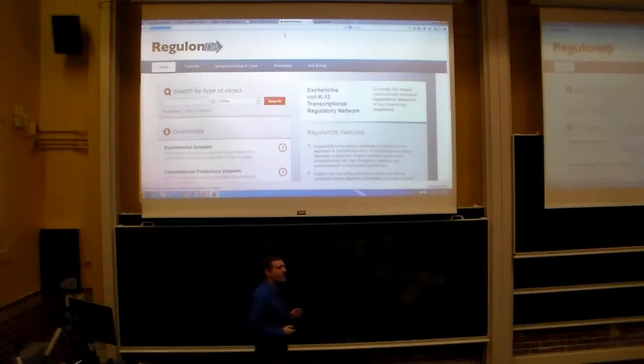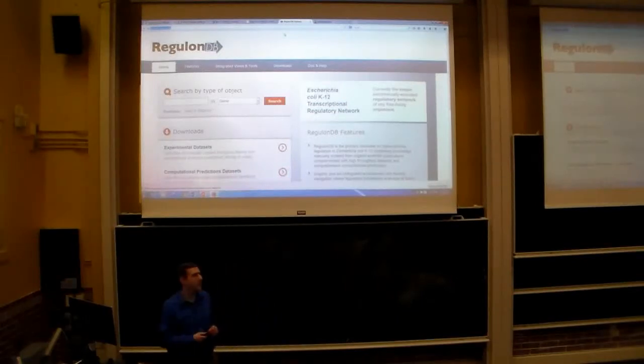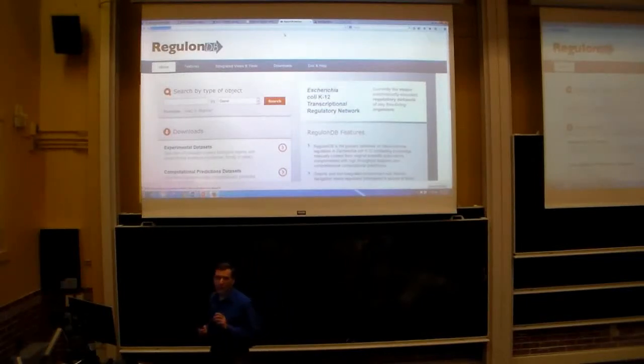So these kinds of things are worked out for some organisms. We don't have resources like this, or at least this level of detail for everything we might care about. There are systematic studies underway to get this sort of information for human beings, let's say, to try to figure out in great detail what is going on with genetic regulation in humans.